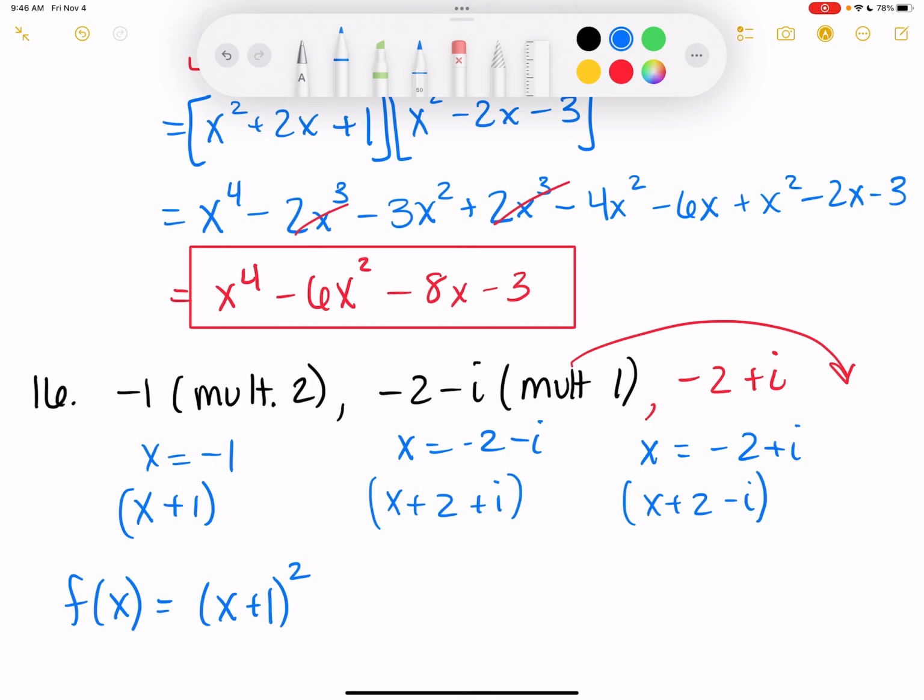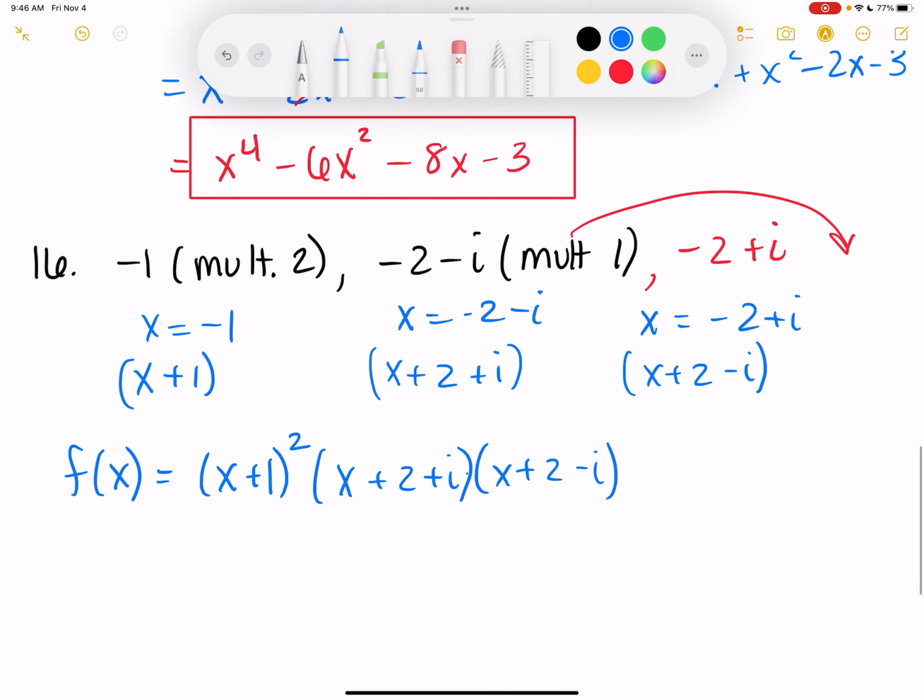And then you've got x plus 2 plus i times x plus 2 minus i. Obviously you would work it down from there, but I'm not going to because we seem to be okay with multiplying. I feel like the hardest part is getting it set up right. Once they're set up, they're just like normal.